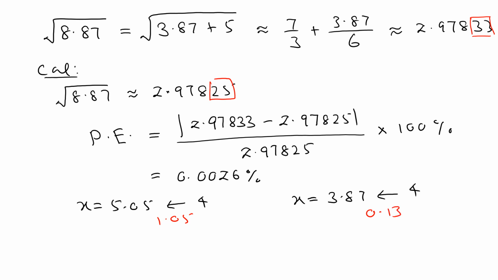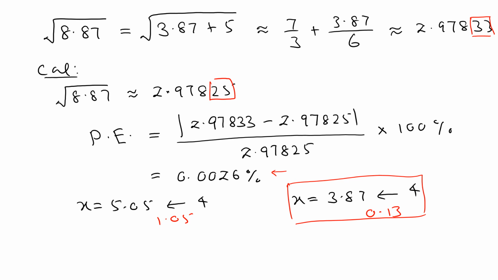So you can see the first was a large difference, and that is the reason why you get comparatively different percentage errors in these two cases. Because when you get closer and closer, this is the closest one, and you have a very small percentage error.